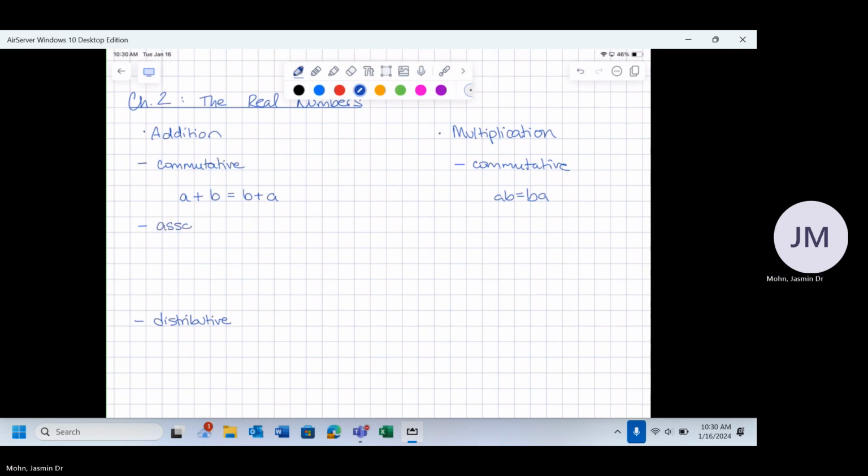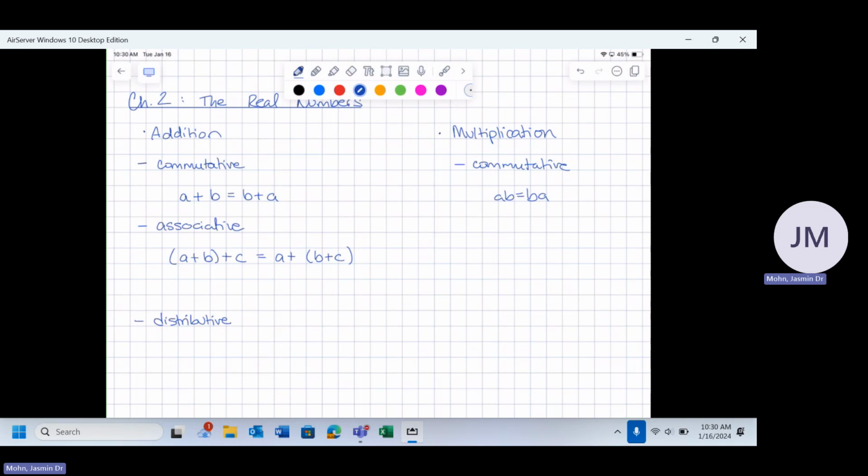Associative. What does that mean? You can say parentheses here. Right?